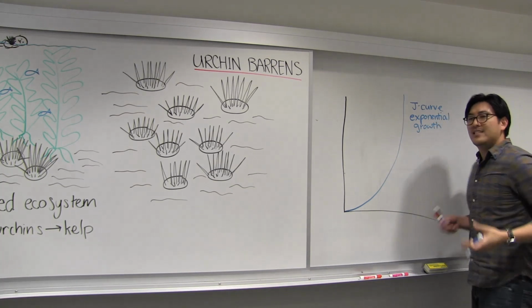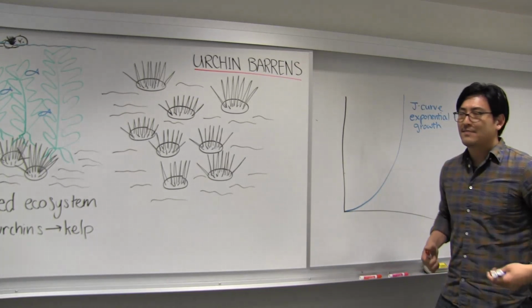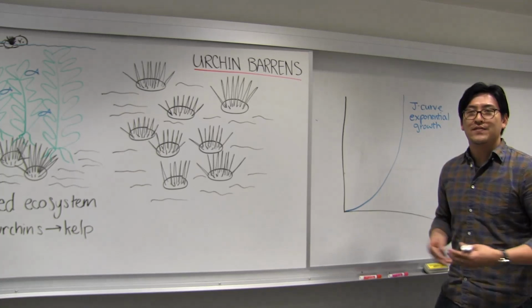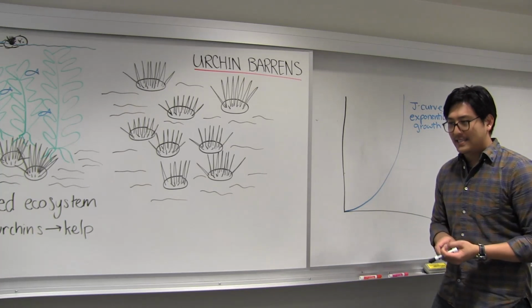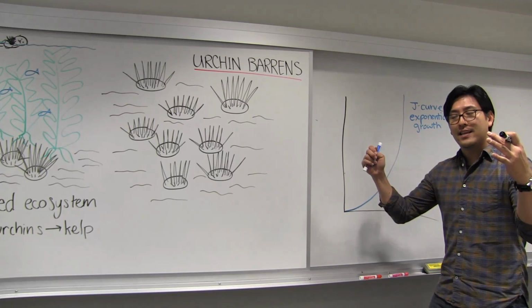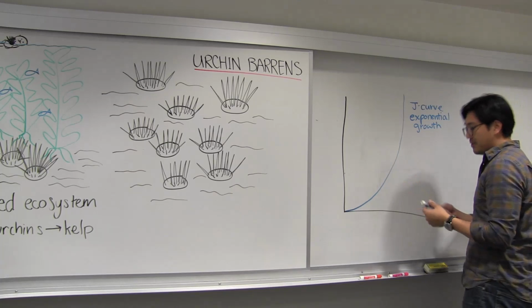But we know that that doesn't really happen. We understand that kelp doesn't grow as fast. So once our sea urchins are able to multiply like this, the amount of kelp that they can eat starts to significantly decrease. So what does that mean for our urchin population?